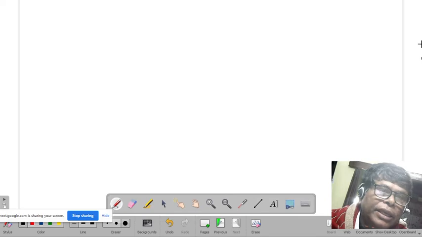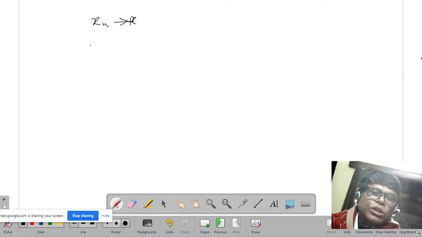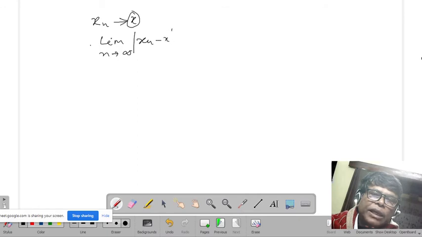In doing calculus you have used this fact, say xn tends to x. We use this in series, everywhere, which means that xn is a series of numbers and these numbers converge to x. In that way we proved that the limit as n tends to infinity of modulus xn minus x tends to 0.